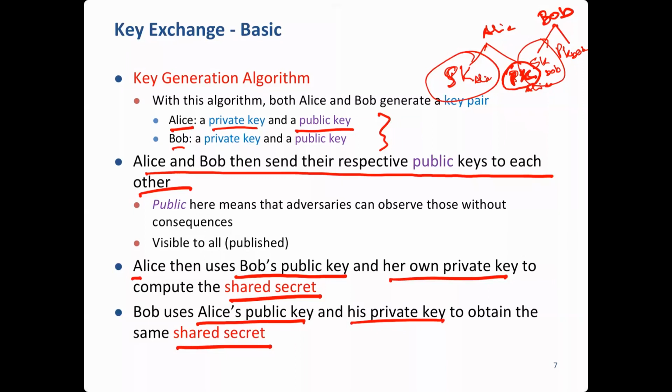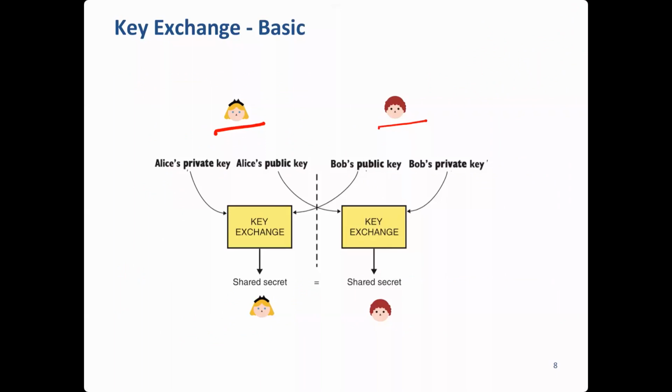So pictorially, here is Alice, here is Bob. Alice generates a private key and public key. Similarly, Bob generates a private key and public key. Now Bob sends his public key to Alice, and Alice uses this public key along with her own private key to generate a shared secret.